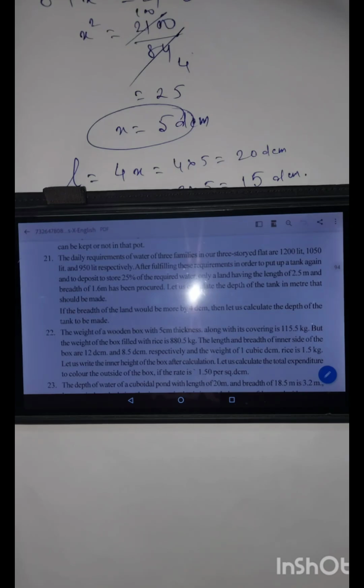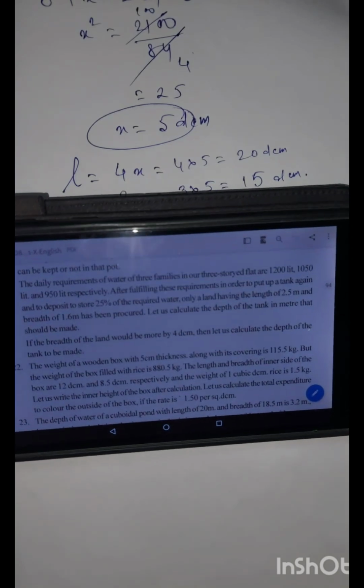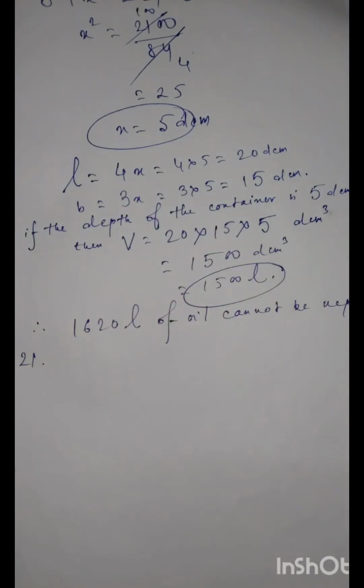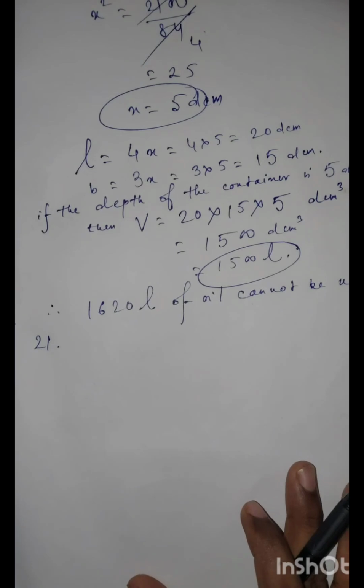The language of the question is really weird, but let me explain it properly. So, first let us write the water requirements.